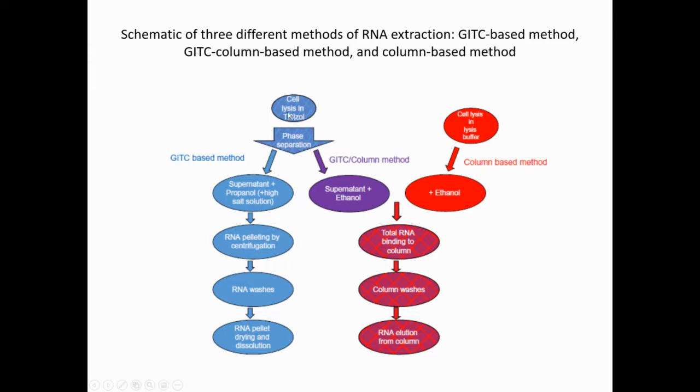So this is the mixture of the GITC and phenol-chloroform in the Trizol. You mix it, and then after centrifugation, you have several layers. Then you take the supernatant, which has released the RNA, add isopropanol and high salt concentration, and after centrifugation you have the RNA pellet.